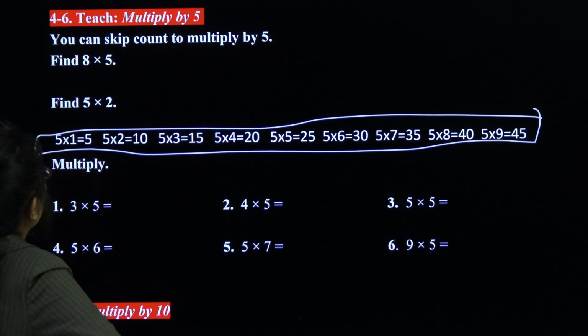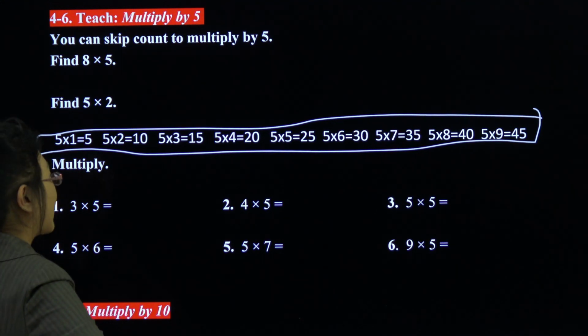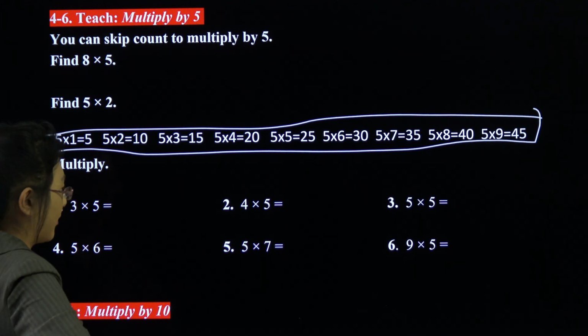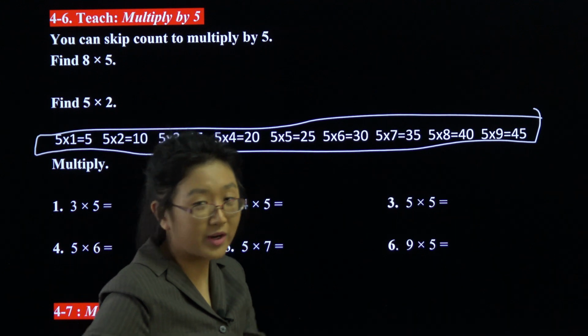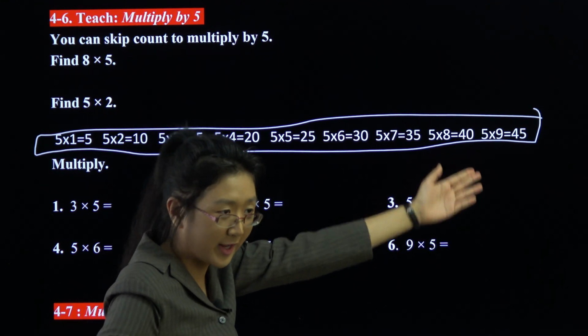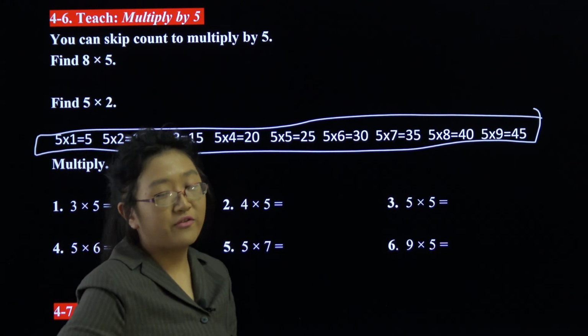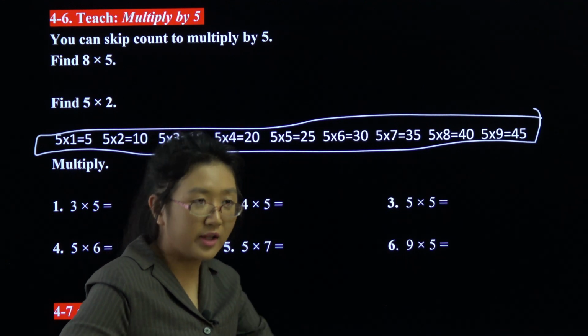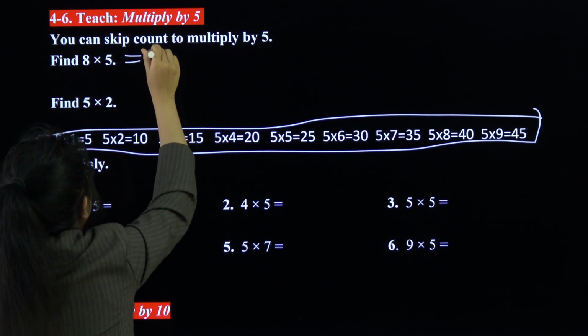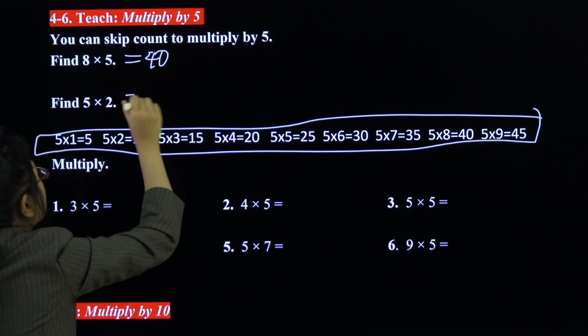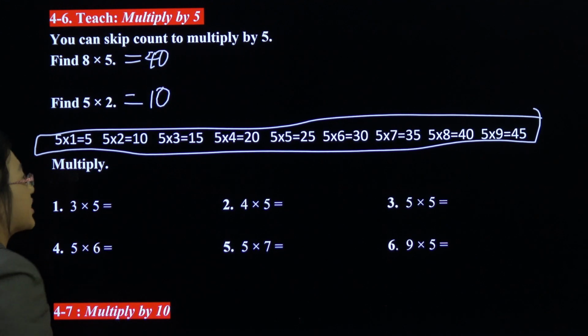8 times 5. You can skip count by 5, or you can skip count by 8, or you could just look at your multiplication table or remember it and realize that it's equal to 40. 8 times 5 and 5 times 8, commutative property, they're the same. 5 times 2 is equal to 10 because multiplication tables.